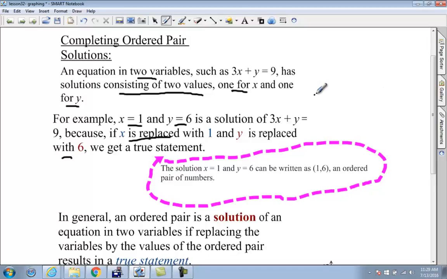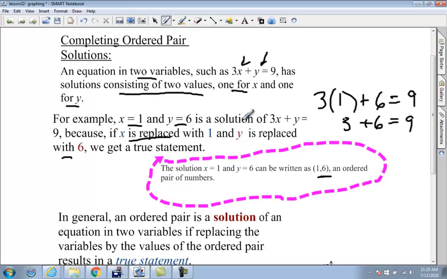Let's check it out. Is it true that 3 times 1 plus 6, so notice I'm putting something in for x and something in for y, and seeing if it satisfies the equation, equals 9? Well, yeah, 3 plus 6 does equal 9. So that checks out. So in other words, the ordered pair 1 comma 6 satisfies that equation.